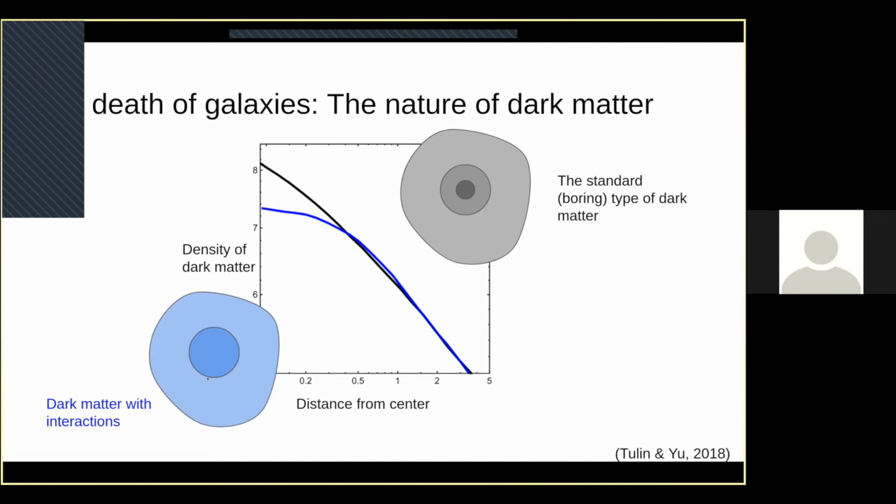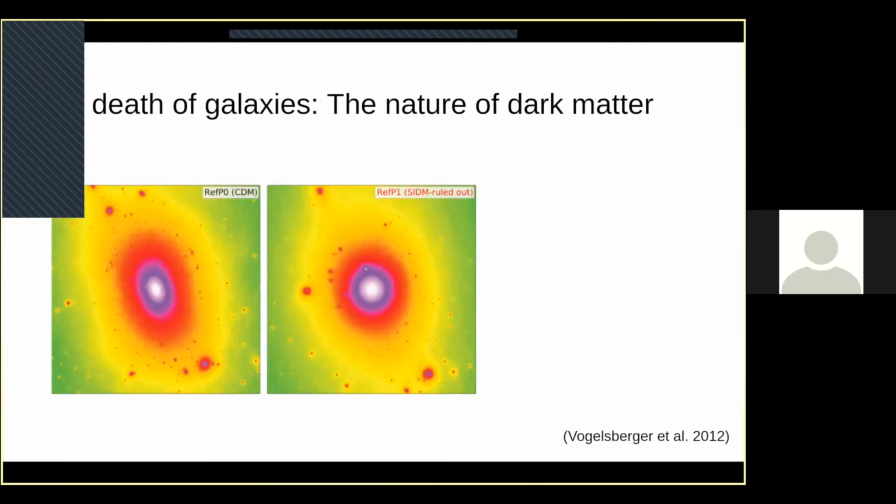And so this is great. This gives us something that we can sink our teeth into, because now we've made a testable prediction about the universe. We've said, if the physics of this thing works this way, dark matter halos should look like this on the left. And if it works the other way, it should look like these dark matter halos on the right. And so we can run simulations of these two different things, and it results in dark matter halos that look very different.